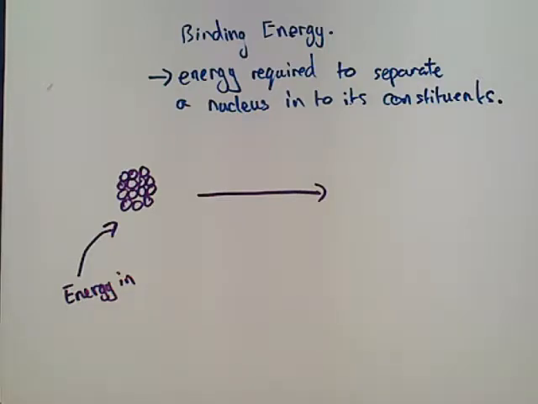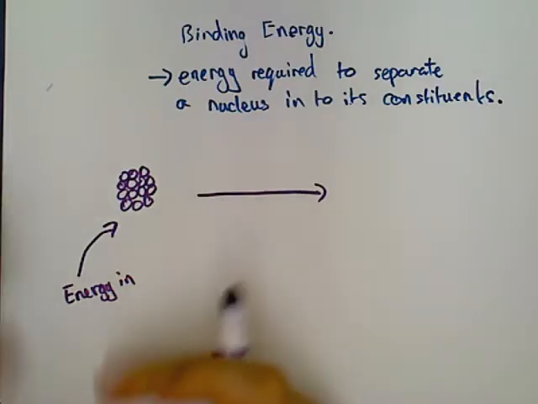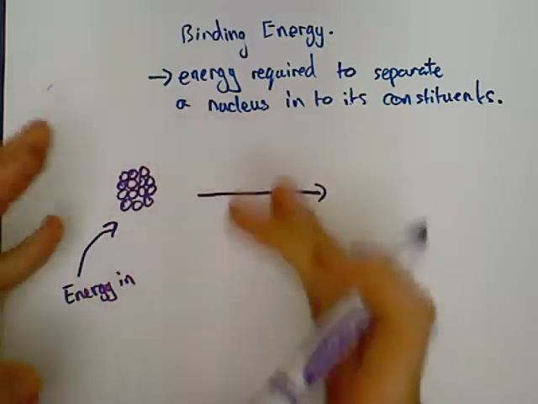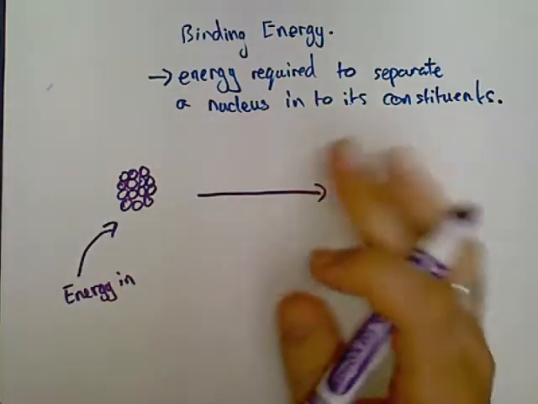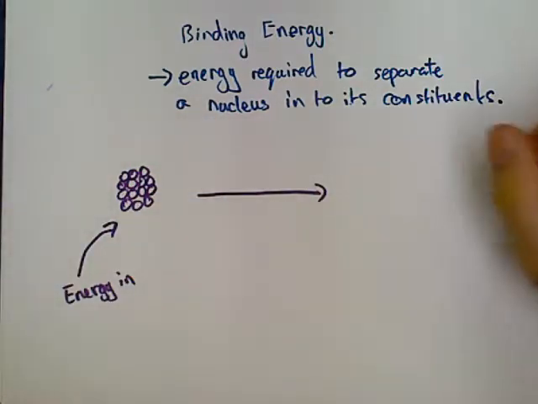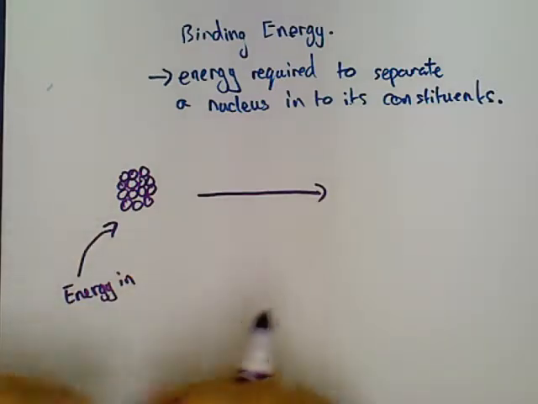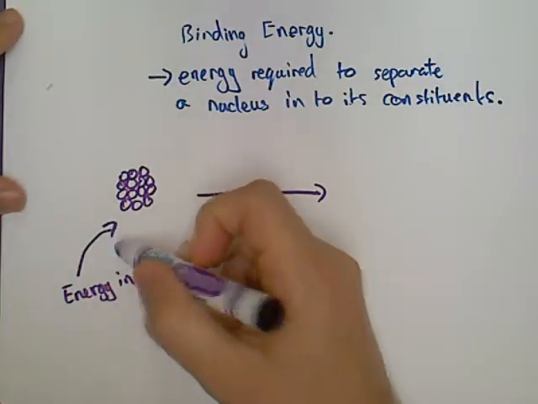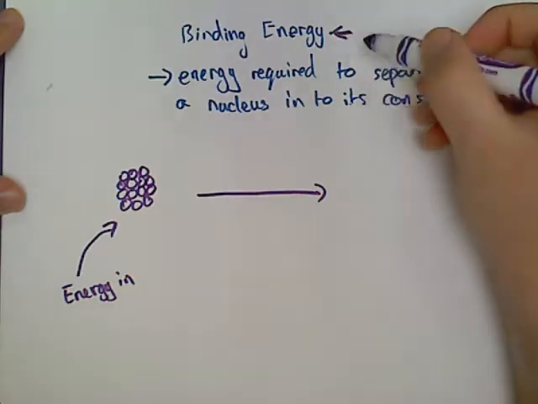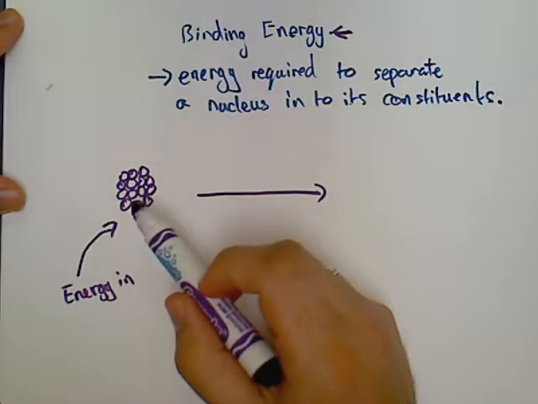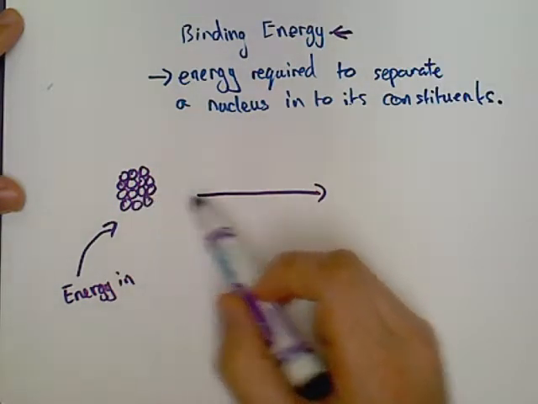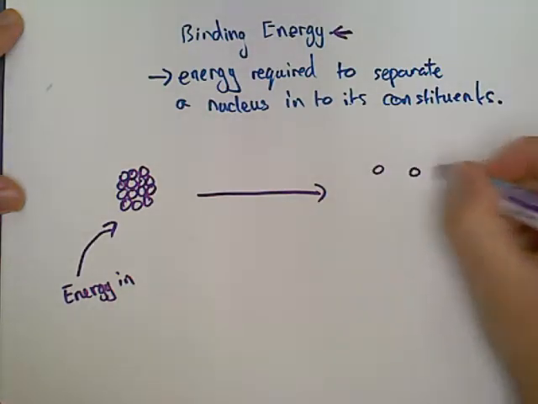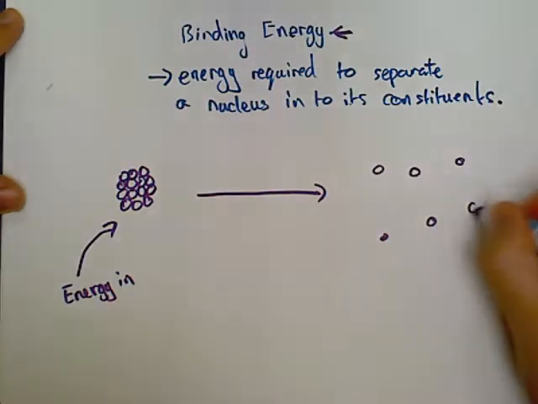It's kind of like if you've got a big rock and you want to break up that rock, and you take that rock and you throw it on the ground. You'd put energy into it to break it into all its constituent parts. And if you smash it on the ground hard enough, it will smash into all of the smallest pieces possible. And that's effectively what we're doing here. We need to put a certain amount of energy in, i.e. the binding energy. And when we put that energy in, then we split it into its constituent parts.